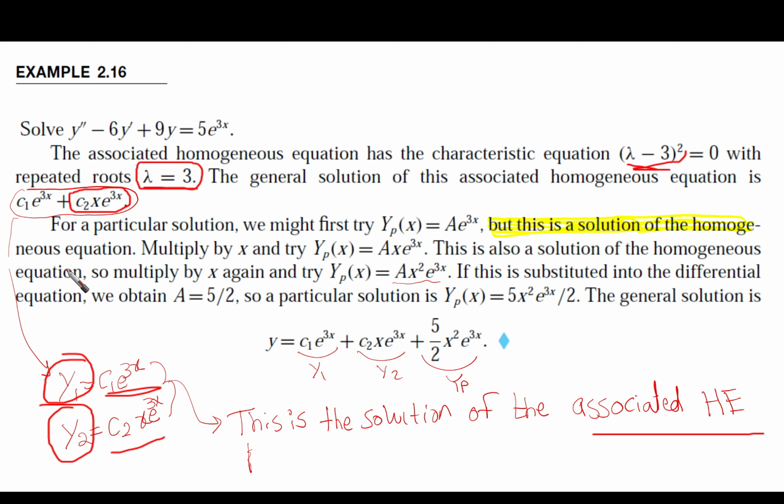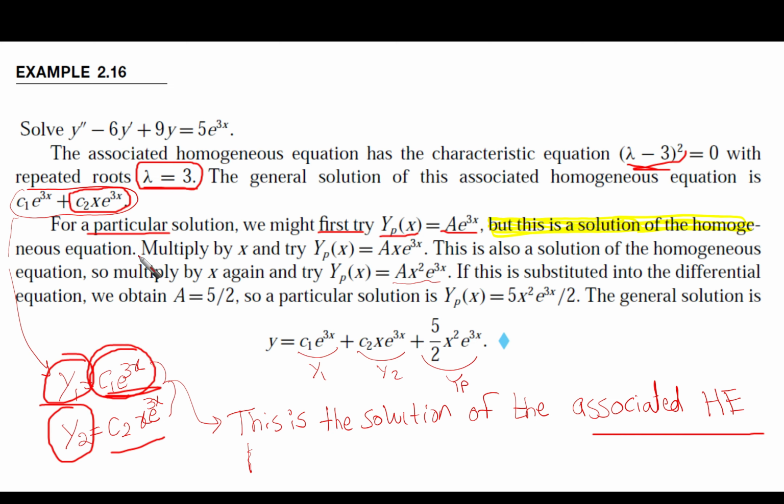This means that for our particular solution, let's try to guess. First try is going to be y particular equal to a times e to 3x, right? But this is a solution of the homogeneous equation, so we cannot use the first assumption.